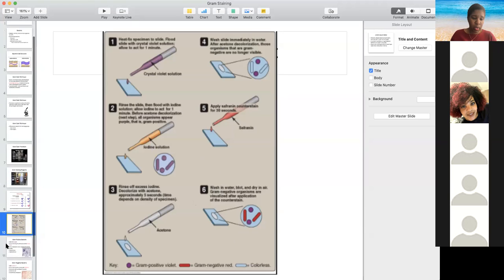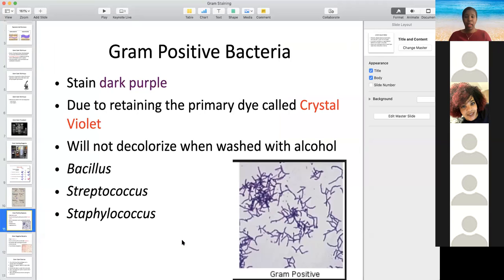So real quick, I know this connection is not the best, but when you're looking under the microscope, gram-positive bacteria are going to stain purple. Right here is a microscope image of what some gram-positive bacteria will look like. They are looking purple because they retained that primary dye.